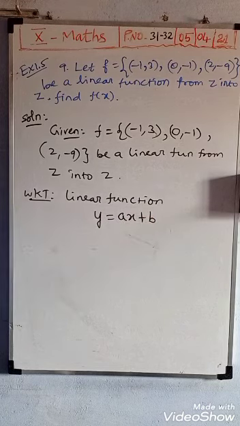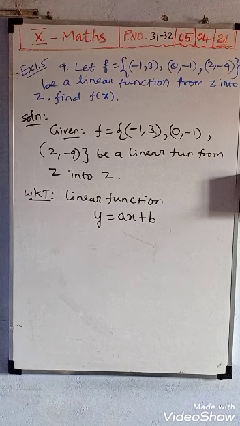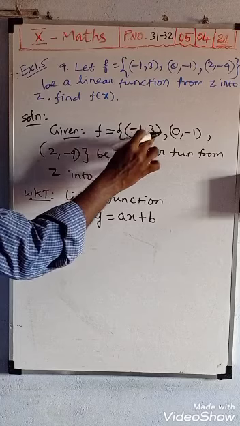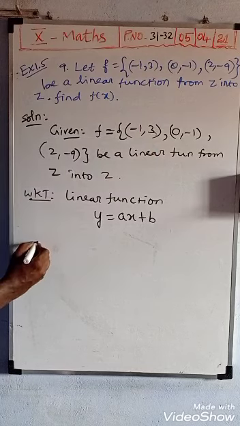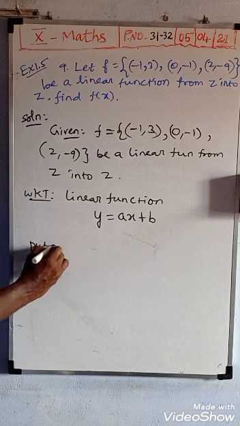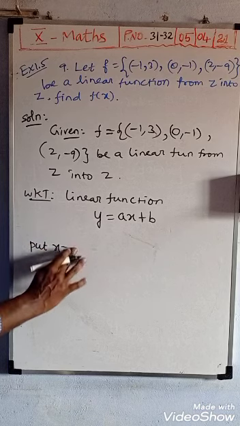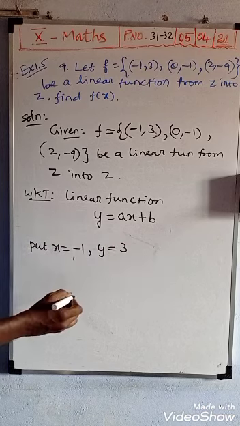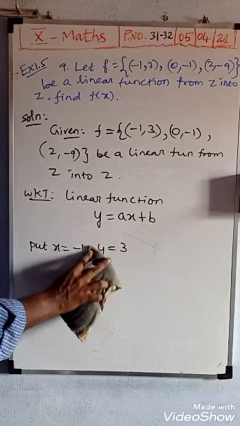So you want to choose the linear function y is equal to ax plus b. Now you see, in this function the first value will be x, the next value will be y. So in that function, you choose first: put x is equal to minus 1, which means y is equal to 3. Yes, y is equal to 3 from that function.